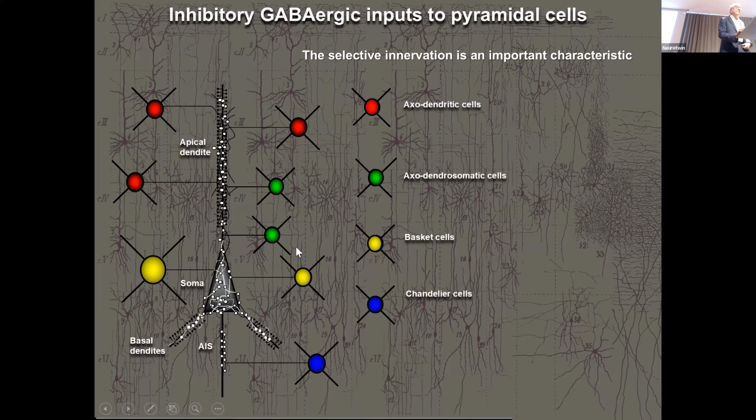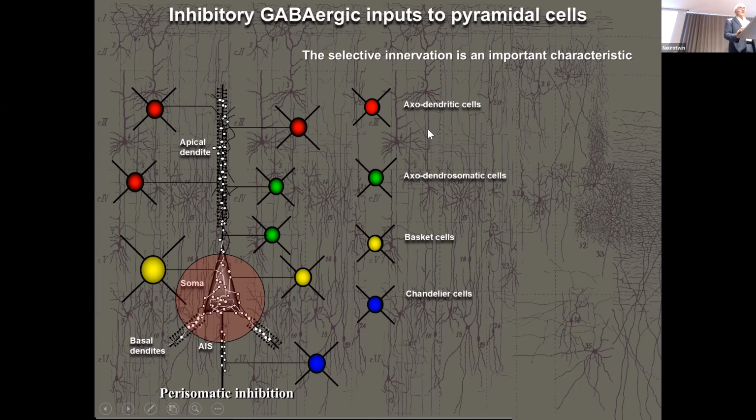All of them are inhibitory, and their function is very different from each other. The perisomatic innervation gives rise to what is called perisomatic inhibition, which is crucial for the control of the activity of pyramidal neurons. In this control, there are two major types: basket cells and chandelier cells.